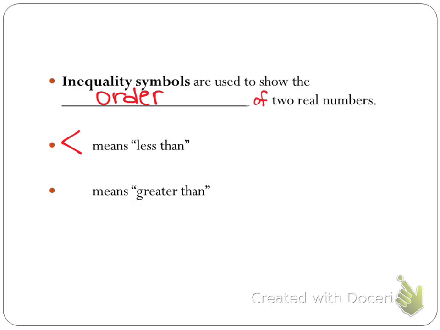For example, 3 is less than 7. That's how we would say that out loud. The one that looks like an arrow pointing to the right means greater than. For example, 7 is greater than 3.